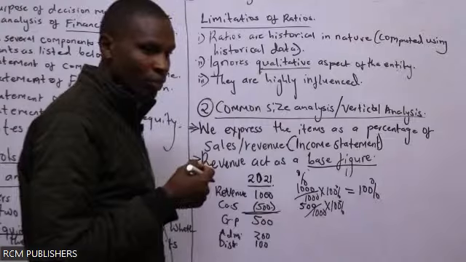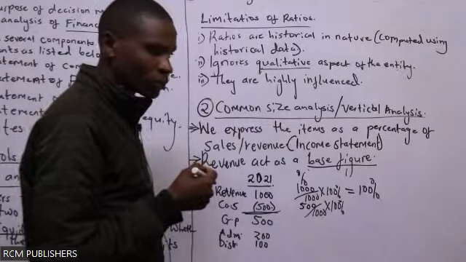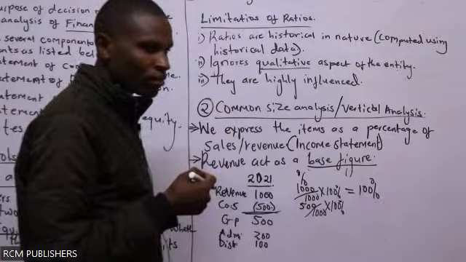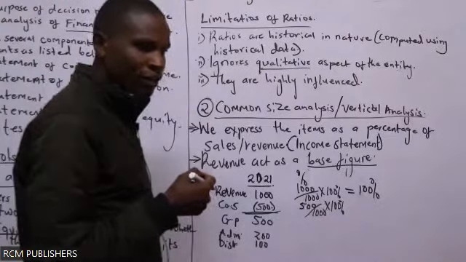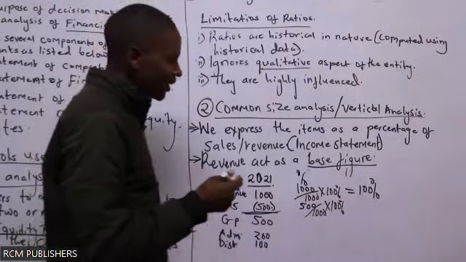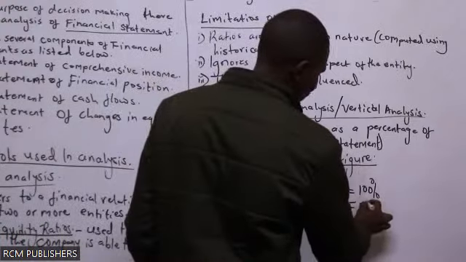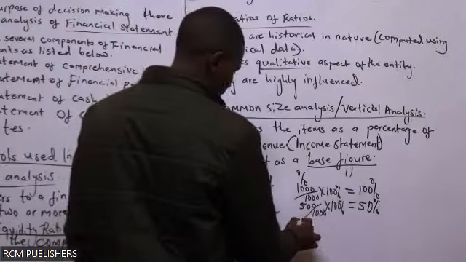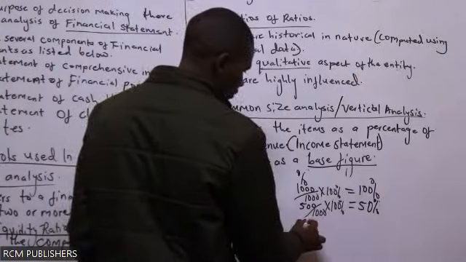Just confirm, I would like someone else to confirm that. Is it really 50%? I get 50% from Grace, no problem. Thank you very much. So I think our cost of sale and gross profit are the same.